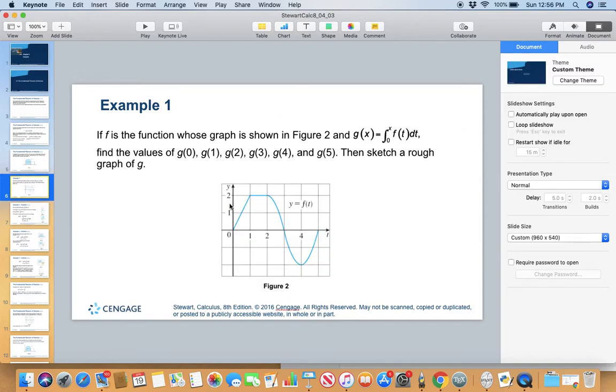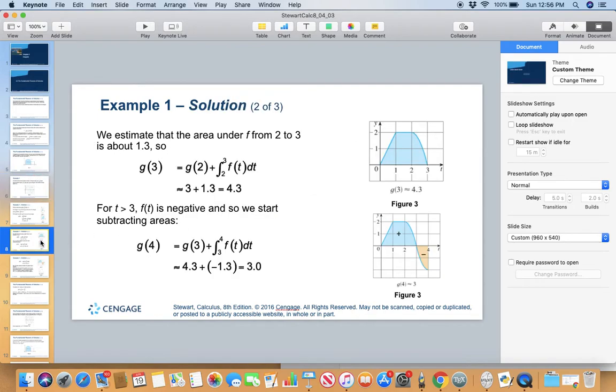Next, g(3). So you're starting from 0, going until 3. So you have area 1 here, area 2 here, and this looks like a little more than 1. All right, it is curved, it is not a straight edge.